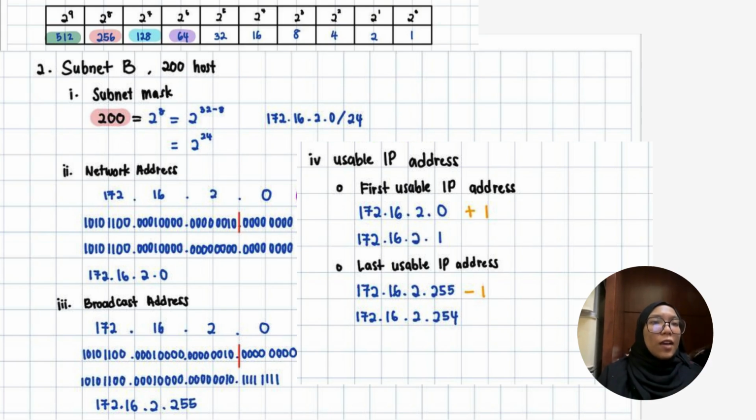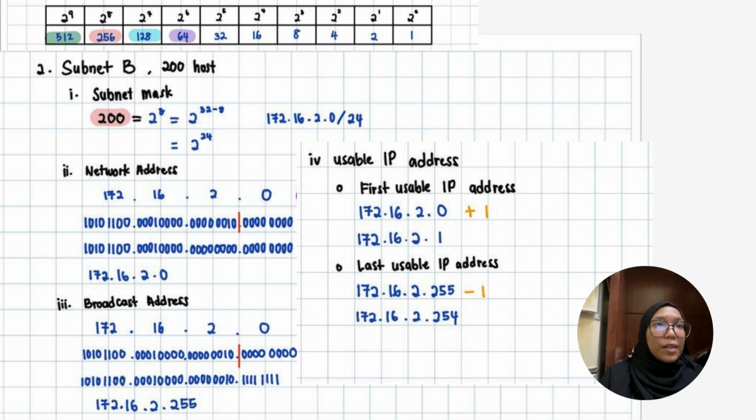Firstly, I actually forgot to explain this before. This 172.16.2.0 is in decimal form, so to make it easier to calculate, we convert it into binary form. How to convert: we sum up powers of 2 until they match the decimal value.